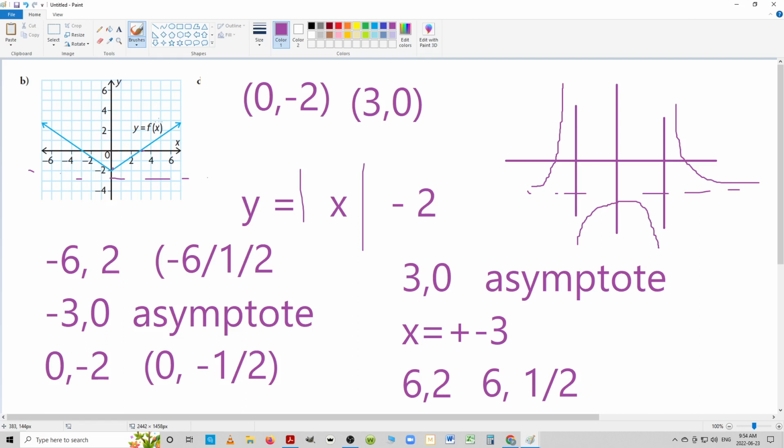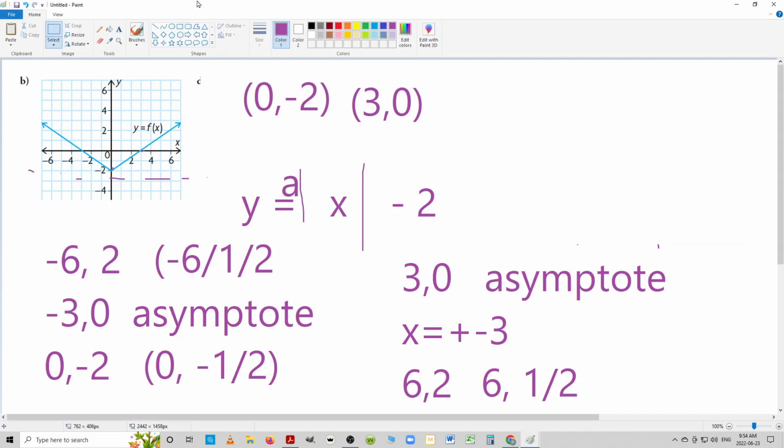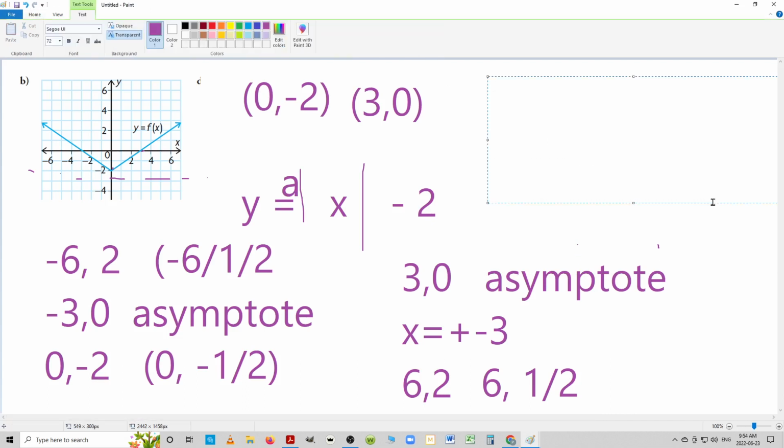Let's see if I can figure out the formula of this. So I have some points. I know that's true. I just got to figure out what the stretch is. So I can put an A in front, and I can just plug in some values that they've given me. So 2 is equal to A when x is -6.